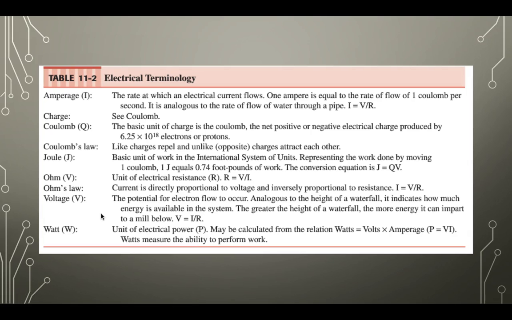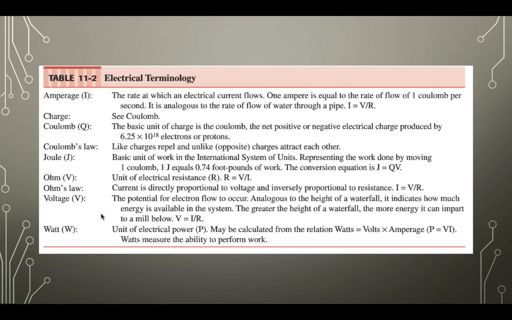Here are a couple terms that you need to be comfortable with moving forward, because we're going to use them. Hopefully you've watched the videos already with some of the background of this. Amperage, which is represented by I, is really talking about current flow. It's the rate at which electrical currents flow. An ampere is the unit that we use to measure current flow, or amperage.